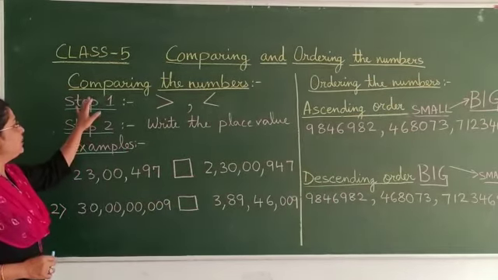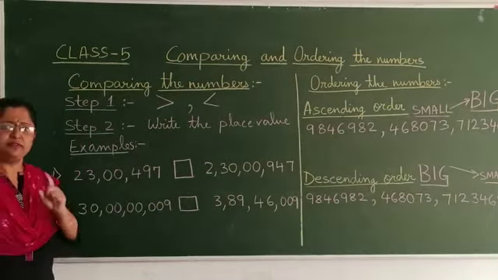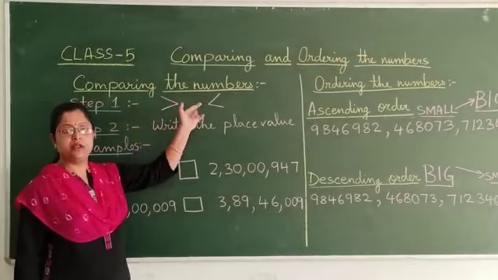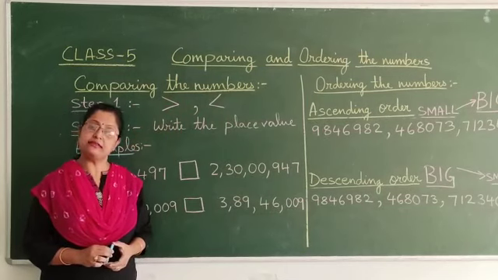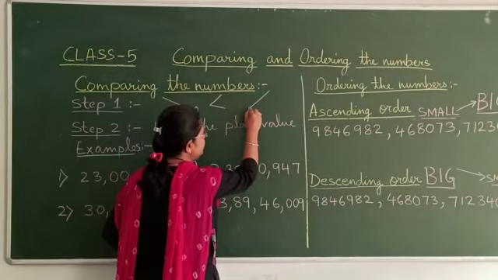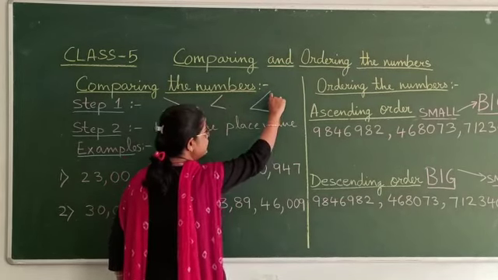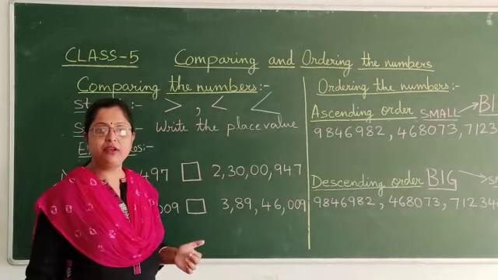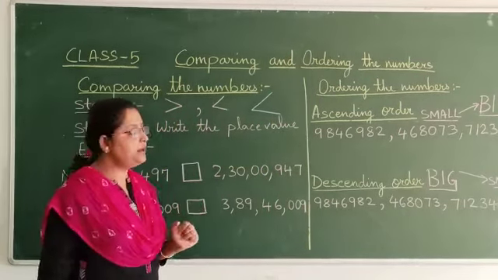While comparing the numbers, the first thing that we need to check is step 1, the sign: the greater than and less than sign. You need to know where and how we place it while comparing two numbers.